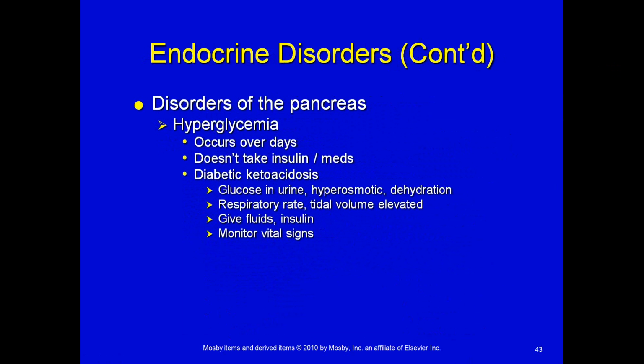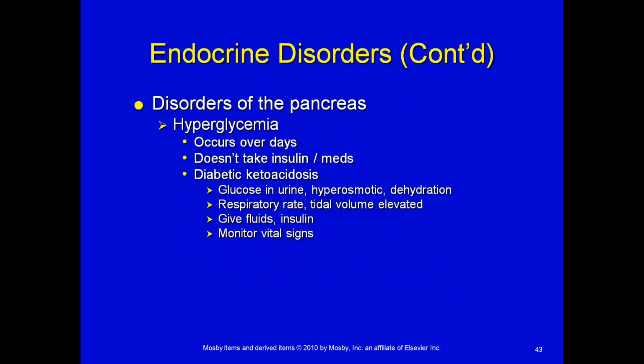So it's not something that you're going to see happen immediately like you do with low blood sugar. It occurs in diabetics who have not been diagnosed with diabetes. It occurs in diabetics who don't take their insulin or who don't take their medications or who eat the wrong foods and are non-compliant in their treatment plan.